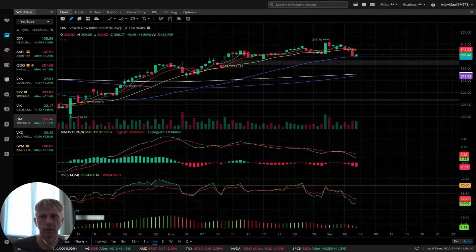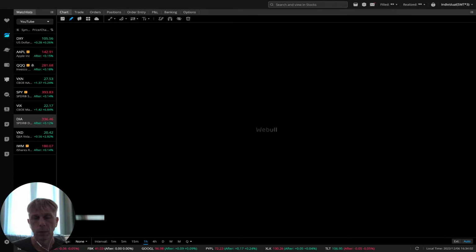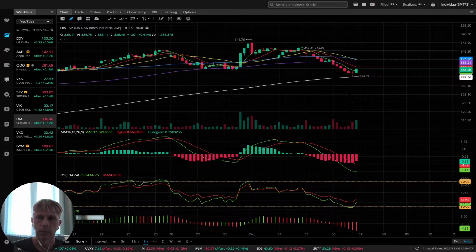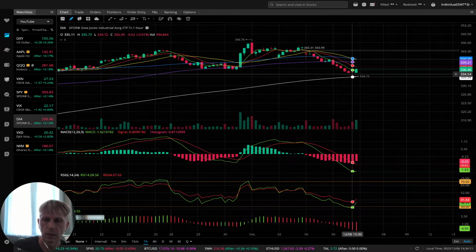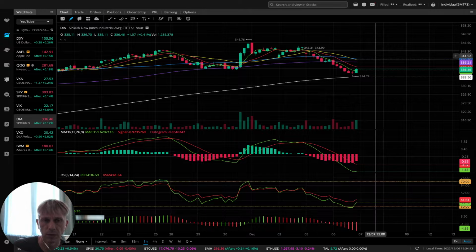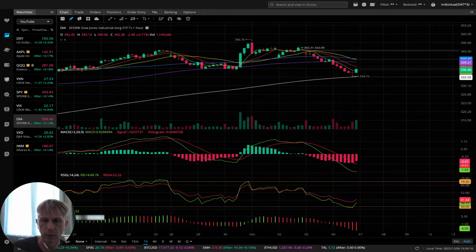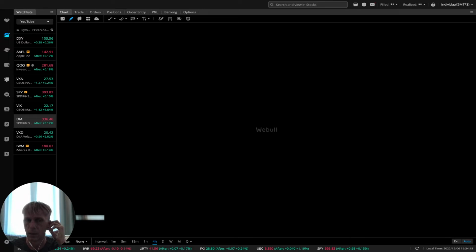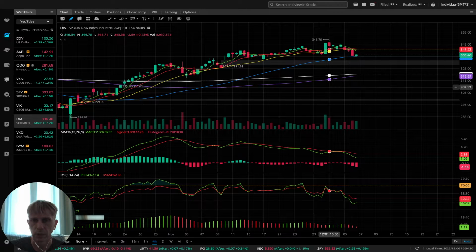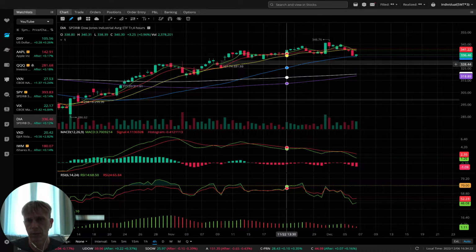Let's check 1 hour. 1 hour. Yeah, bearish trend, but it did touch the MA200 and we'll see. It can bounce from it. It can be support. And remember, it has a huge gap below the current state.